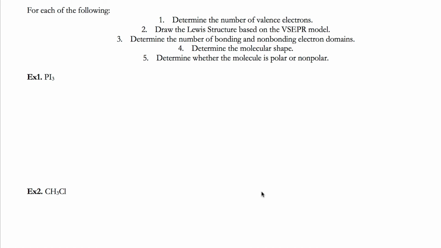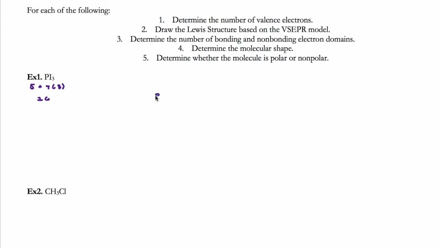So let's look at the first example, PI3. Phosphorus has 5 valence electrons, iodine has 7, but there are 3 of them. So that's going to be a total of 26 valence electrons.